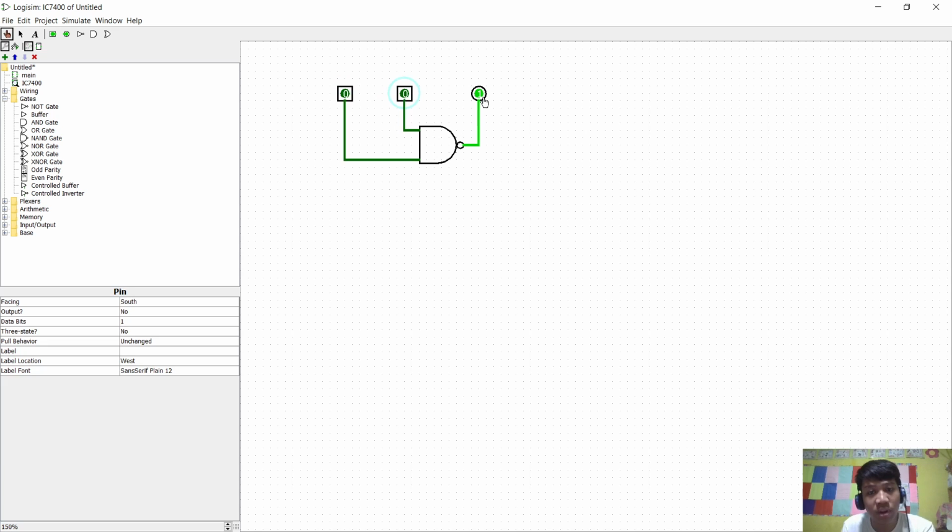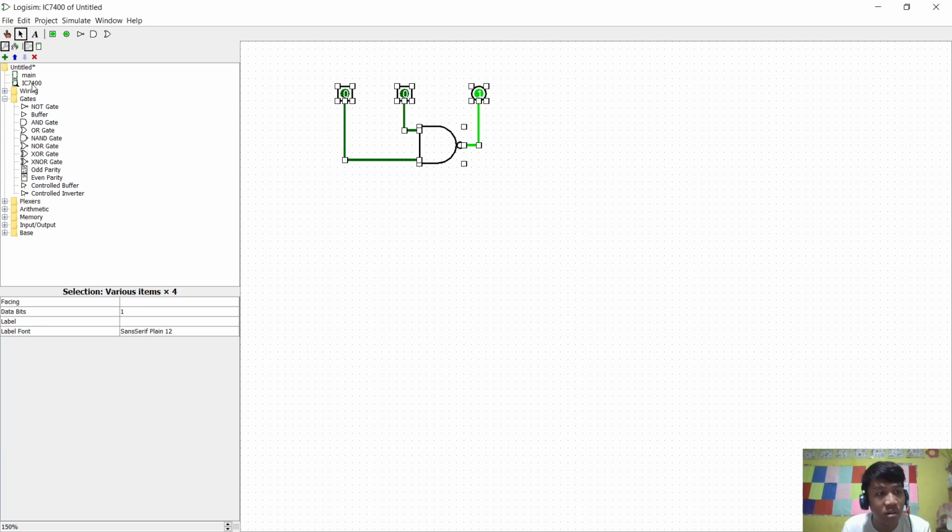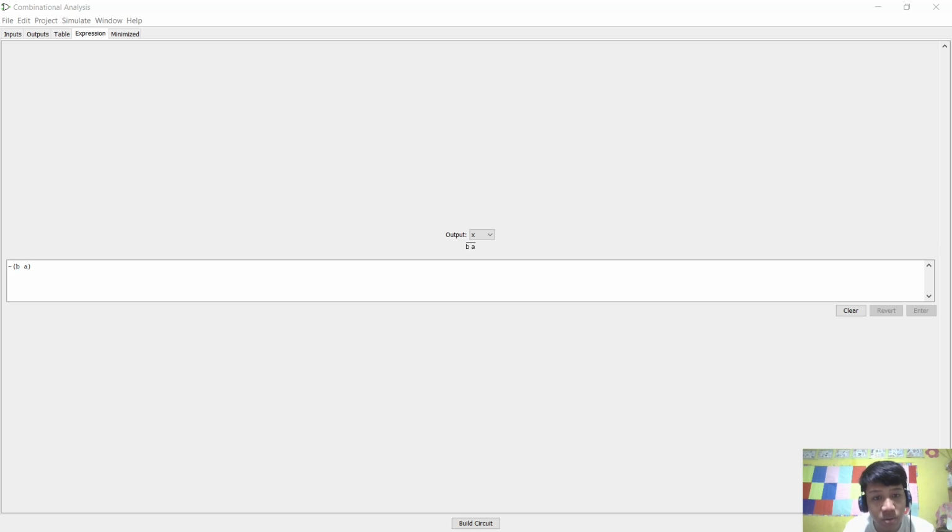And to prove what I am saying, we can analyze the circuit. To analyze the circuit, we can highlight this circuit and then right click the IC7400 and analyze the circuit. Just a moment, I will show you the combinational analysis. There you go.